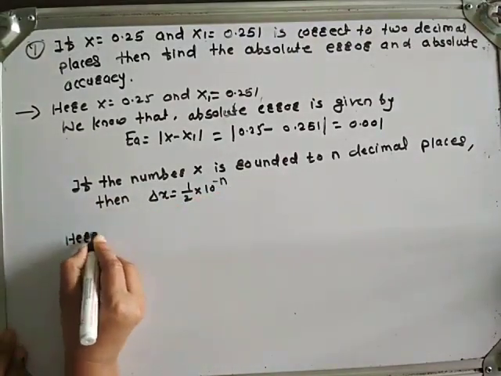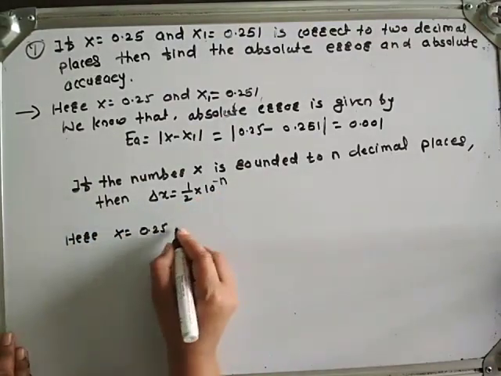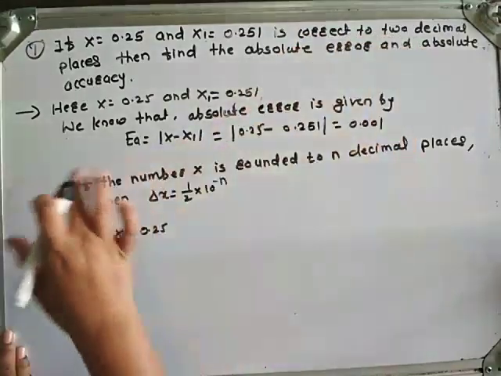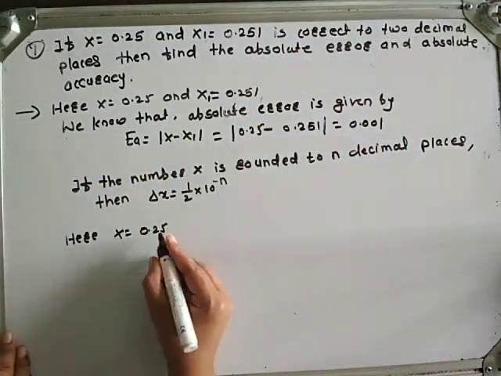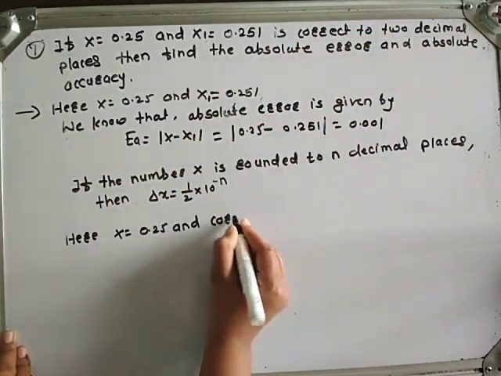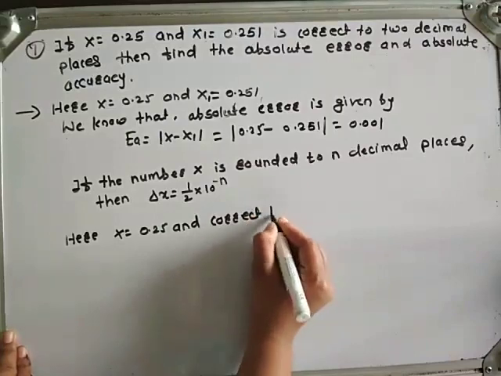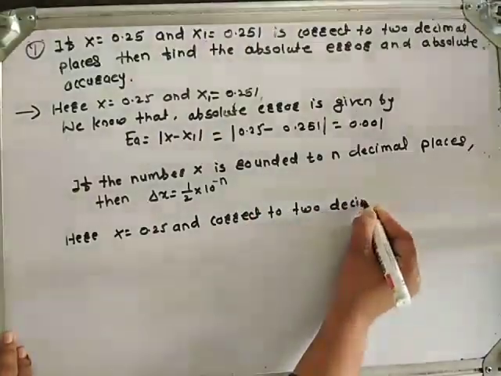Here x is equals to 0.25, which is correct to two decimal places, that is, it is rounded to two decimal places.